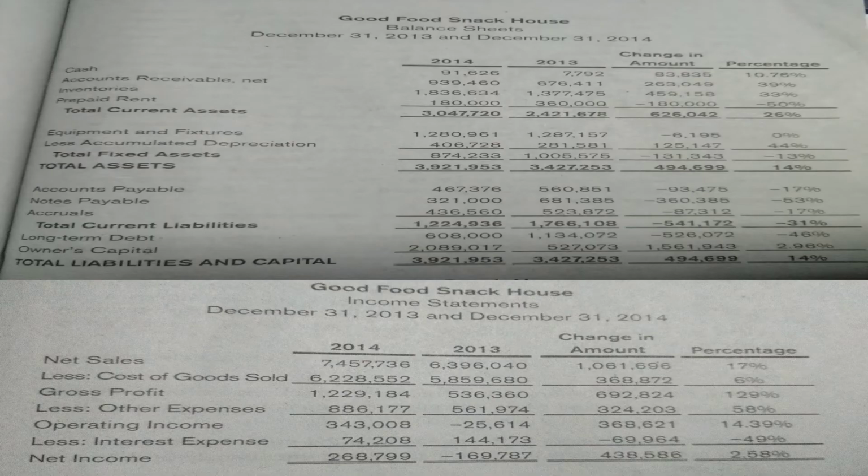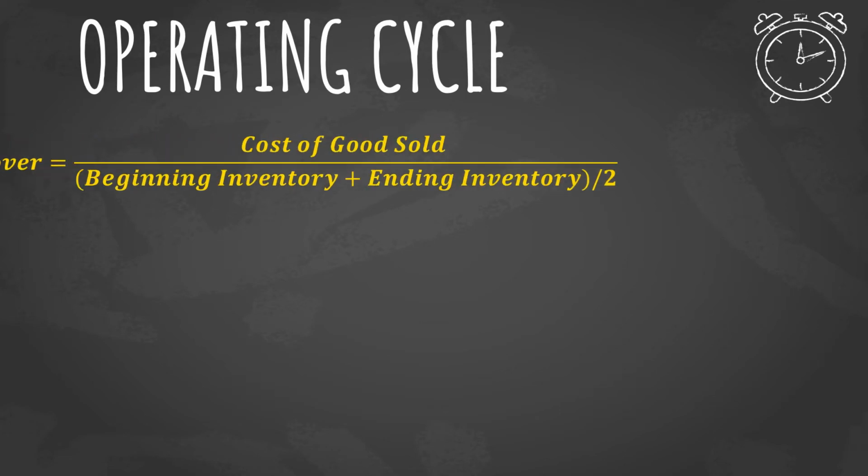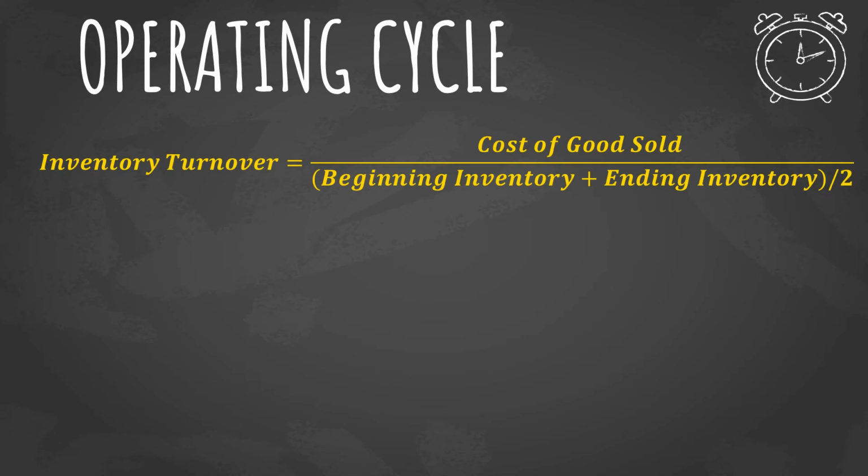Good Food Snack House balance sheets and income statement for accounting period 2013 and 2014 will be used as the basis for the examples for operating cash conversion cycle. Now, let's get the operating cycle for accounting period year 2014 by getting the inventory turnover first.